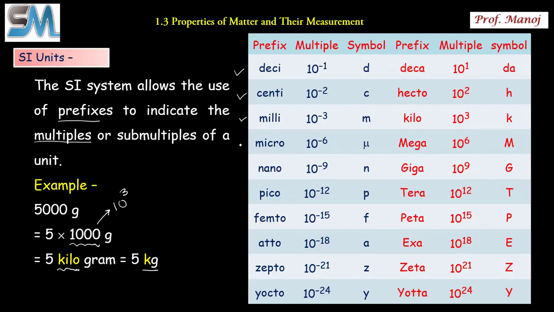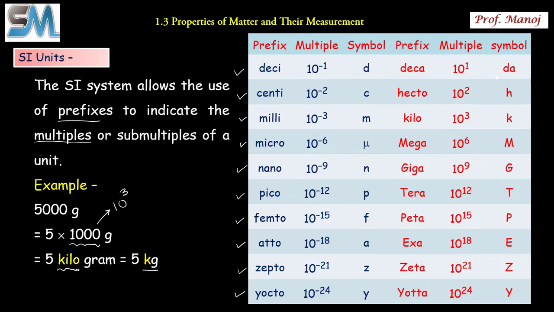So 10 raised to minus 6 micro, minus 9 nano, minus 12 pico, minus 15 femto, minus 18 atto, minus 21 zepto, and minus 24 yocto. All these are negative powers of 10.